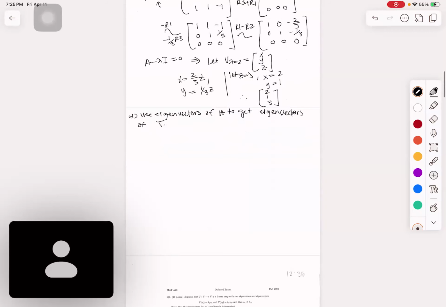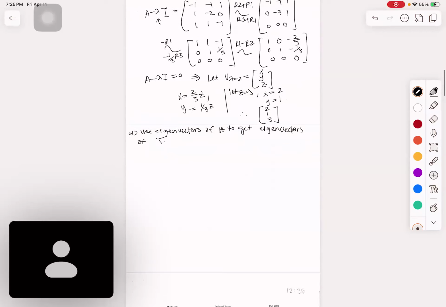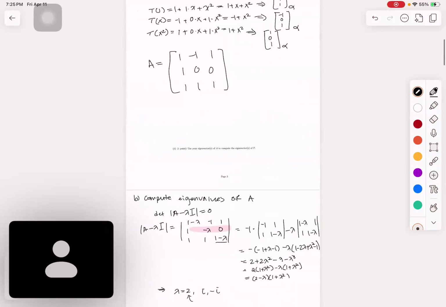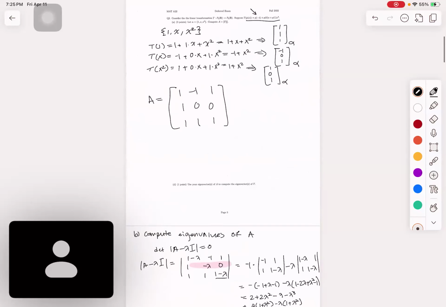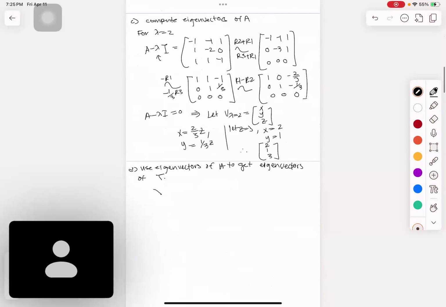Okay, moving on to part D. So part D is asking us to use the eigenvectors of A to get the eigenvectors of T. This just means that we want to write the eigenvectors in terms of the alpha basis. So alpha equals 1, x, x squared.